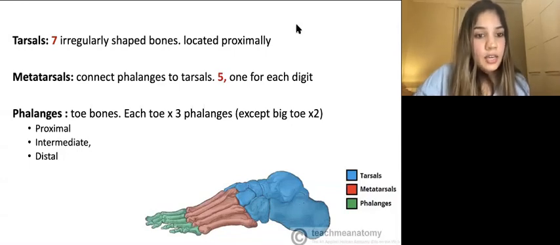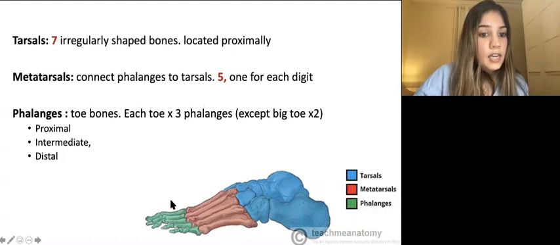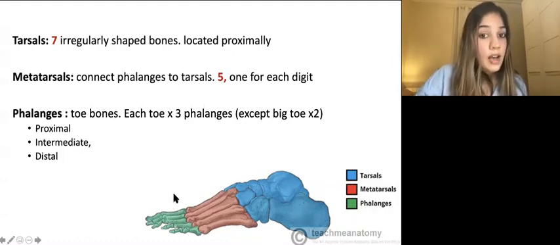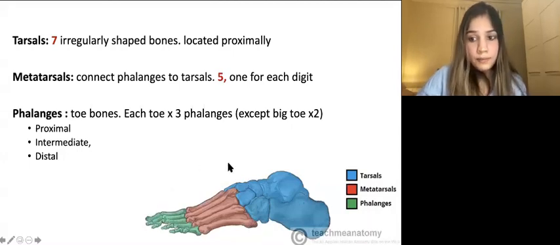Then you've got the metatarsals, which connect the phalanges to the tarsals, and you've got 5, 1 for each digit. Then you've got the phalanges, which are the toe bones, and each toe has 3 phalanges, except the big toe, which only has 2. So you have the proximal, intermediate, and distal phalanges.